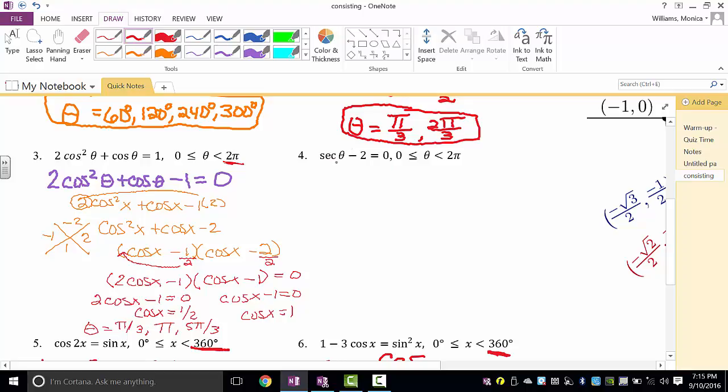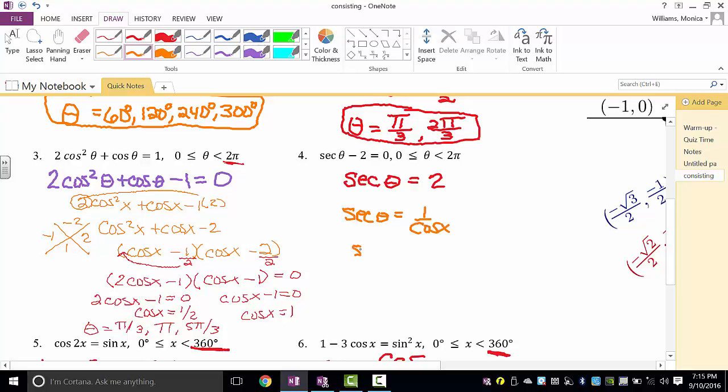And number 4, we're going to solve the equation for secant. So we have secant theta equals 2. The unit circle has sine and cosine values. So what do we know about secant? We know that secant is the inverse of cosine. So secant theta equals 1 over cosine.